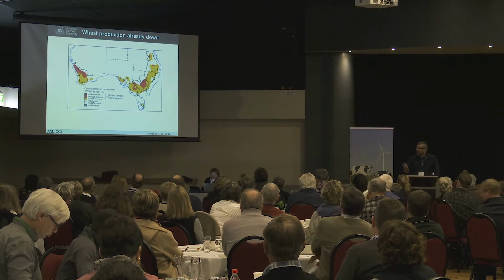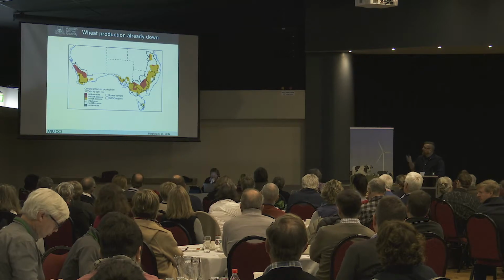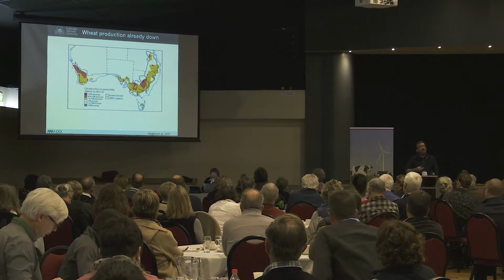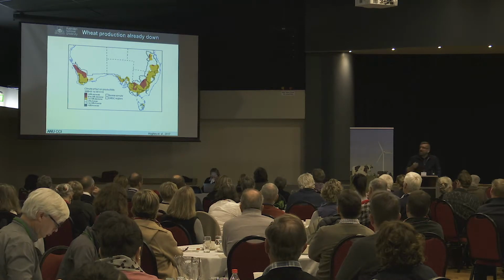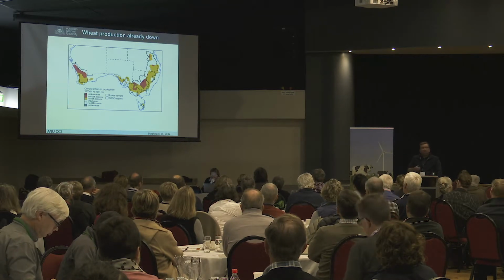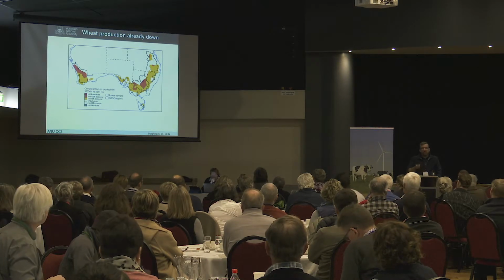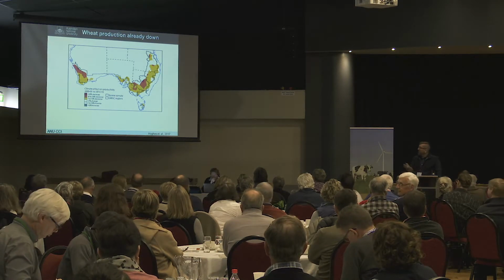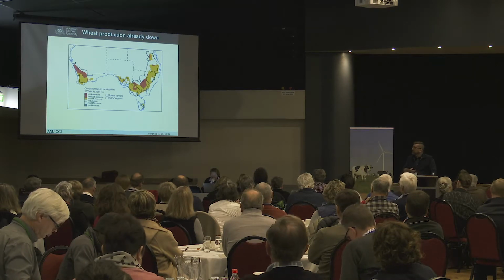And what they showed was that across the whole of the wheat belt, there was a reduction of between 2 and 20% in productivity associated with climate, the changes that we've already seen. That's temperature and rainfall. And so we're already starting to see those changes that we've seen historically translate into productivity changes.